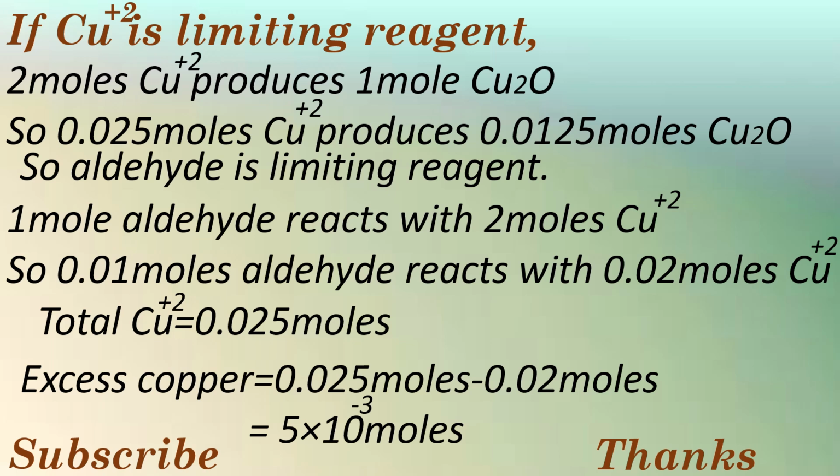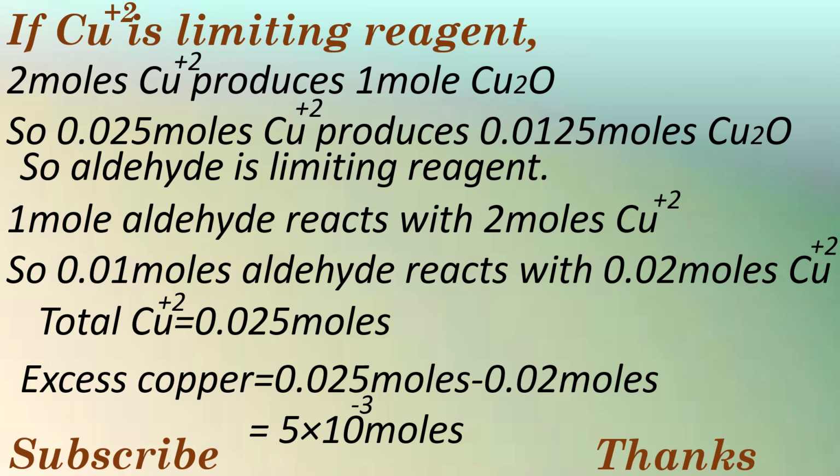We have to find excess reagent, that is copper plus 2. For this we will write 1 mole aldehyde reacts with 2 mole copper plus 2. This is according to the equation. 1 aldehyde and copper plus 2 have 1:2 mole ratio. So 1 mole aldehyde reacts with 2 mole copper plus 2.